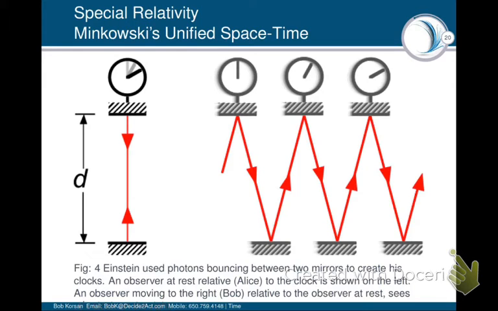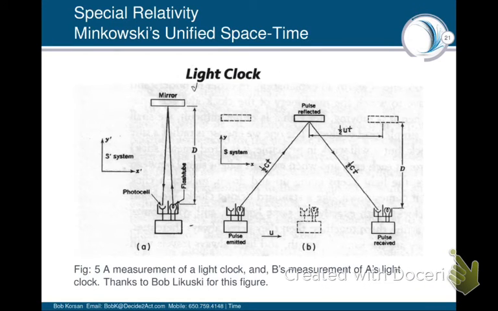So in order to understand the time beats that are known by Bob relative to Alice, we'll use another picture, and this is the same but shown in a little bit more detail.